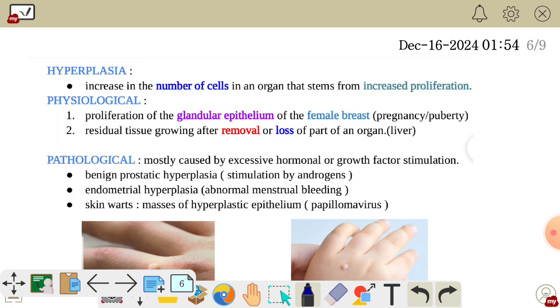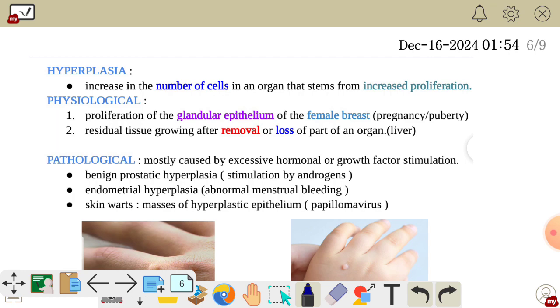Then apart from that, we also have another example here, which is endometrial hyperplasia. This is seen in women. The endometrium of the uterus is stimulated by the estrogen during the menstrual cycle. Once the menses are done, the estrogen levels should reduce.